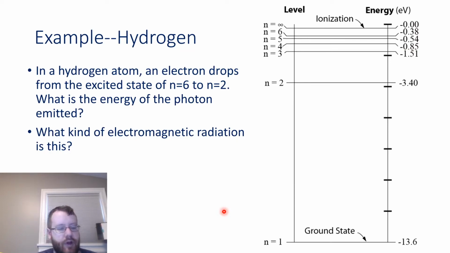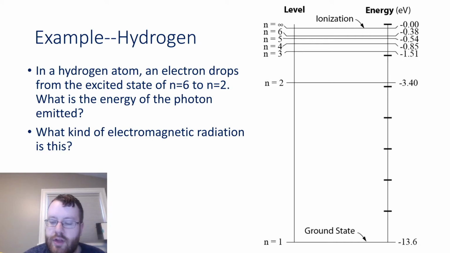Okay, so in a hydrogen atom, if we have an energy level drop from 6 down to 2, what is the energy of that photon emitted? In order to do this, we're going to have to find the energy that it was.